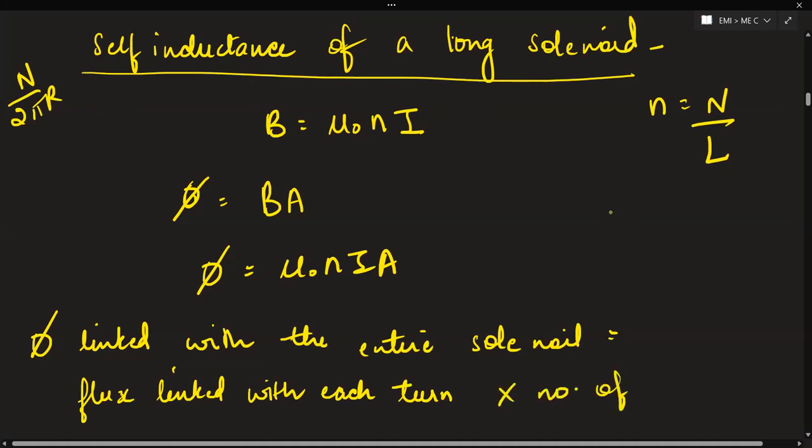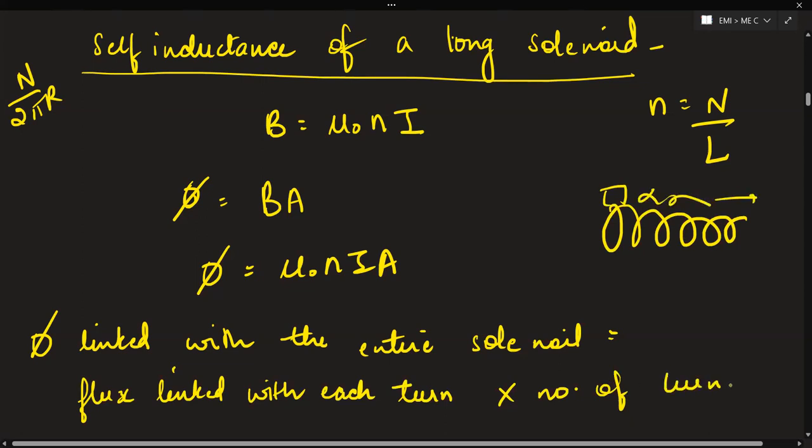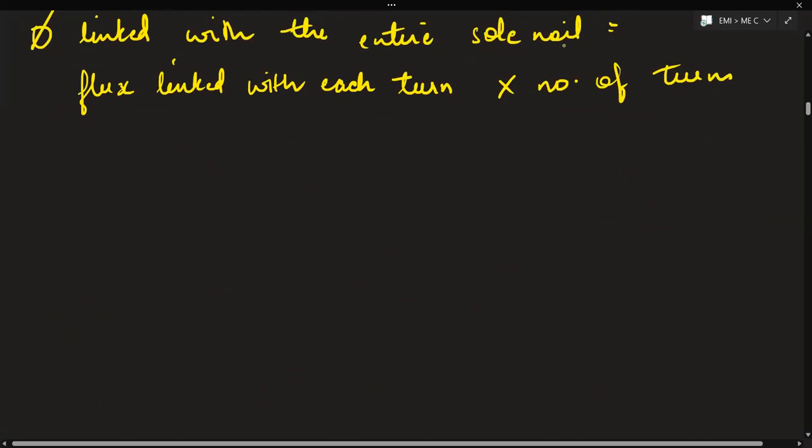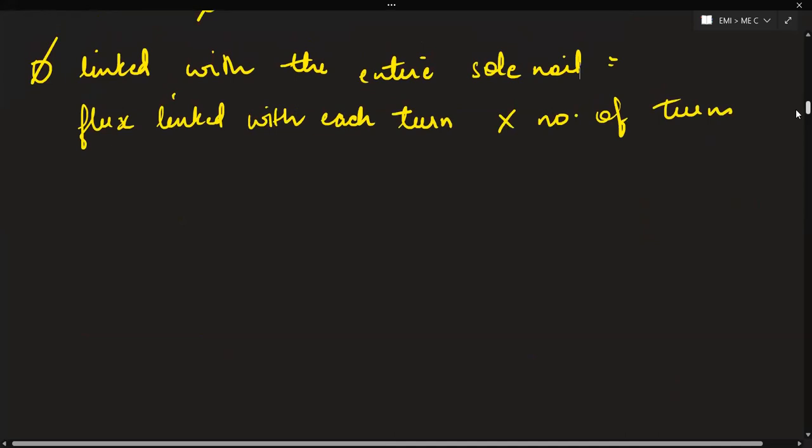If you know the flux linked with one turn, and there are more turns, you can multiply for the rest and get it. So this is the number of turns. So we are calculating the flux linked with the entire solenoid.